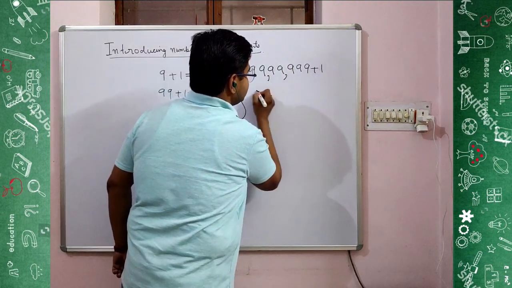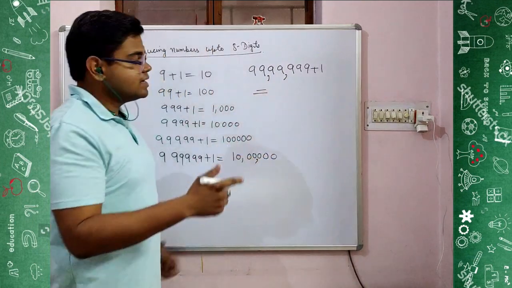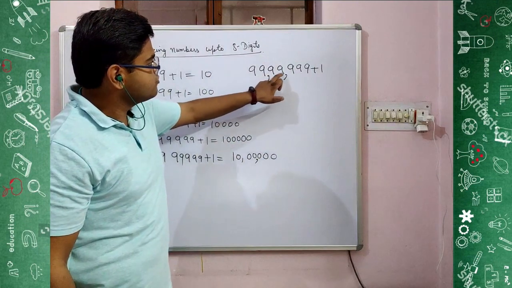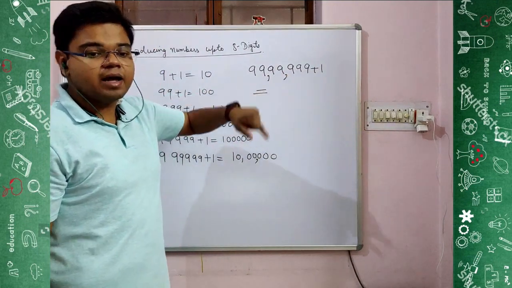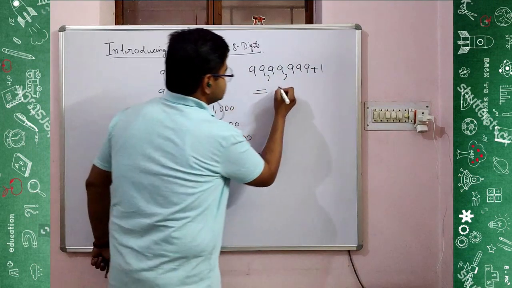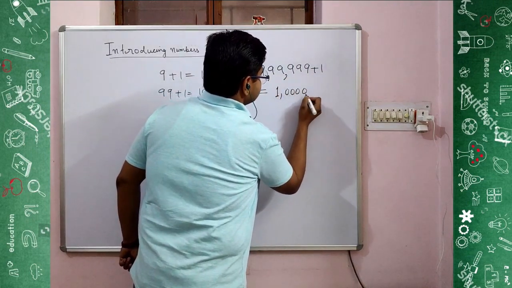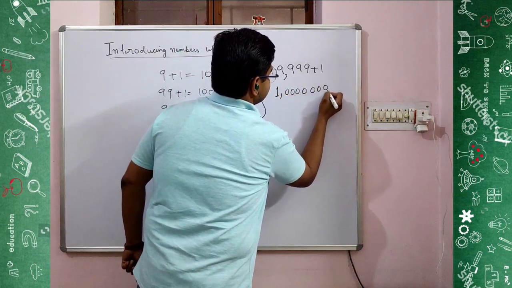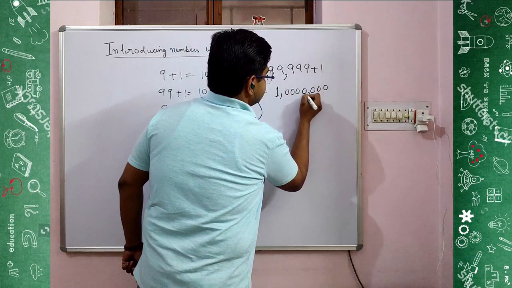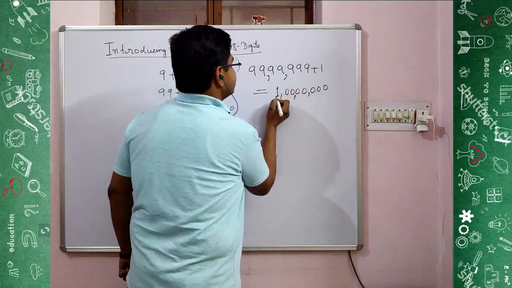And if we add 1 to it, it will become an 8-digit number. What will be the 8-digit number? 1, 2, 3, 4, 5, 6, 7, 8. Ones, tens, hundreds, thousands, ten thousands, lakh, 10 lakh, crore.